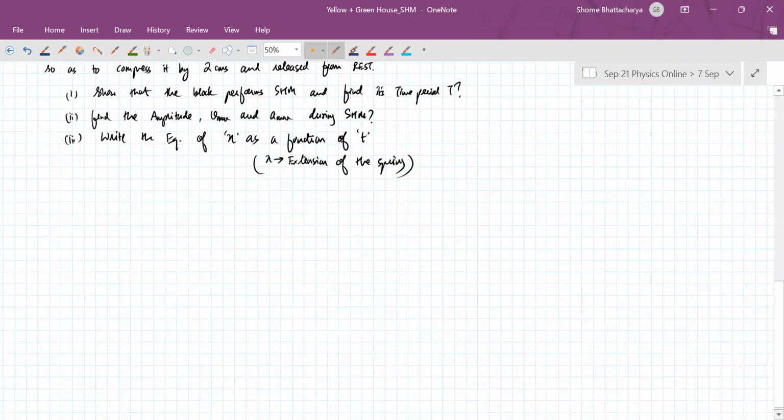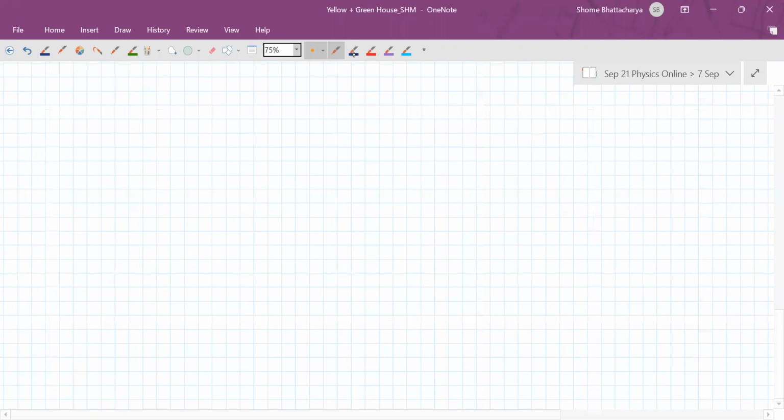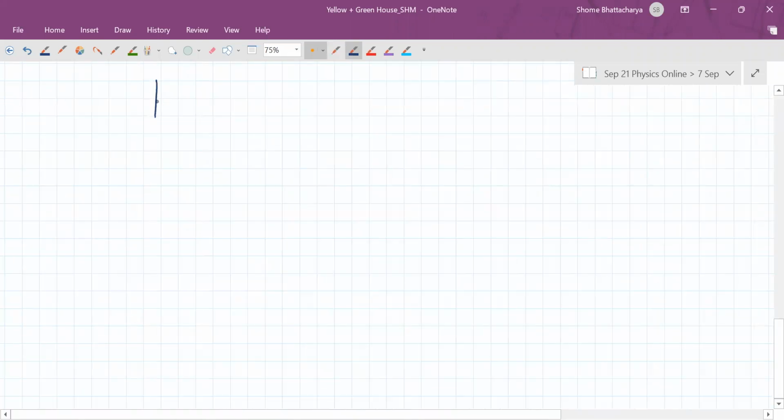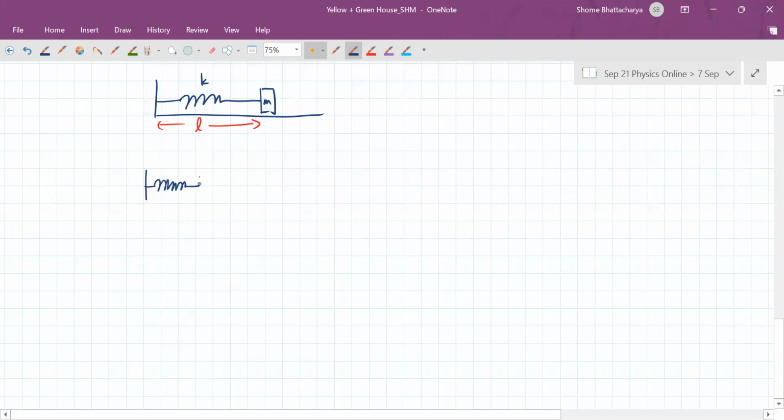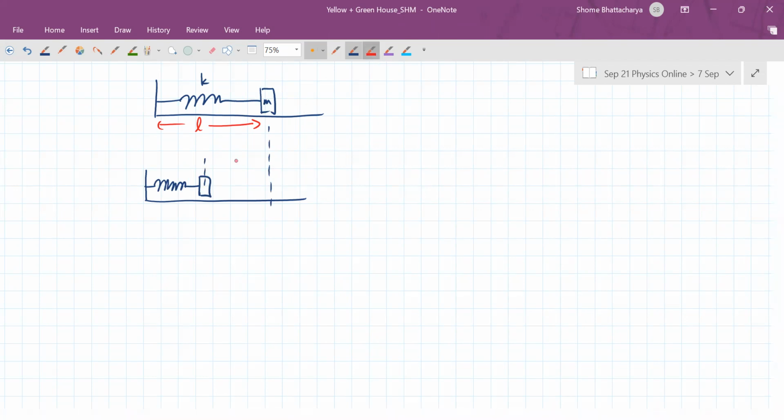Okay, so let's understand this question. Let's say this is the natural length position. What I'm doing is initially pushing the block against the spring through a displacement.